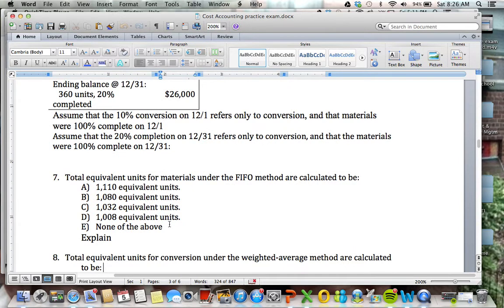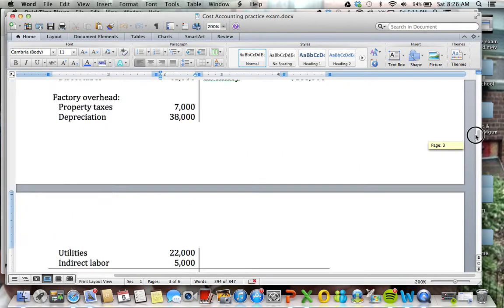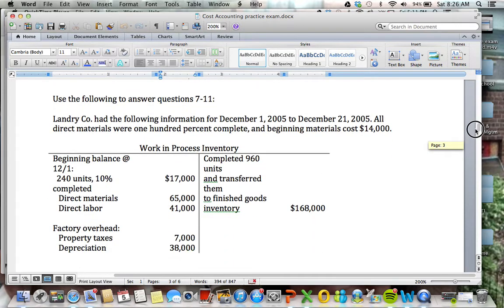So let's start here with the first question. It says, total equivalent units for materials under the FIFO method are calculated to be. So under FIFO, we know the beginning units will be completed. We'll know that this 240 will be complete. Now we need to also understand, it says 960 units were completed and transferred out.